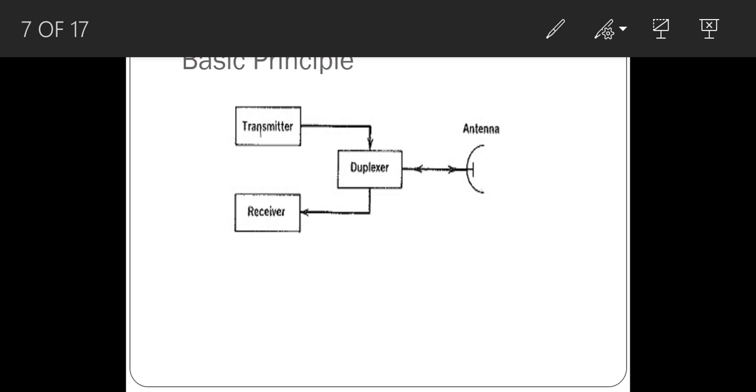Such a radar where a single antenna is used for both transmitting and receiving is called monostatic radar.